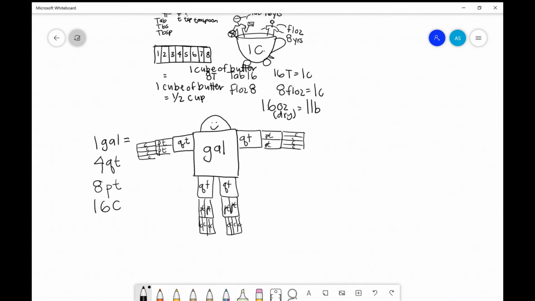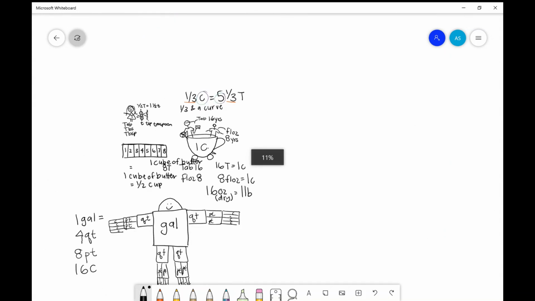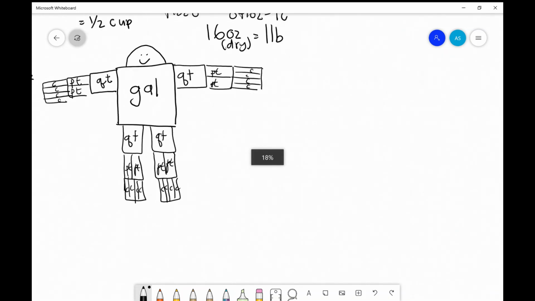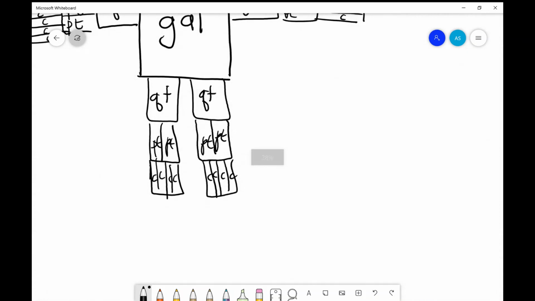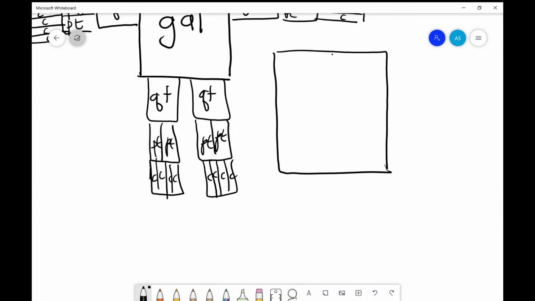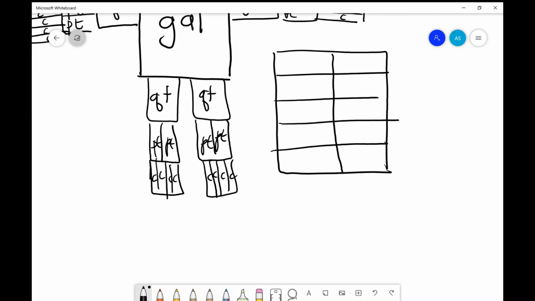Okay, last thing we want to do is we're just going to draw a little chart, and I'll probably do it right in here because I have some space here. And you're going to draw a rectangle, divide it in half, and then go in and divide it into 5 pieces. On the left side, we're going to have tablespoons, and on the right side, we're going to have cups.